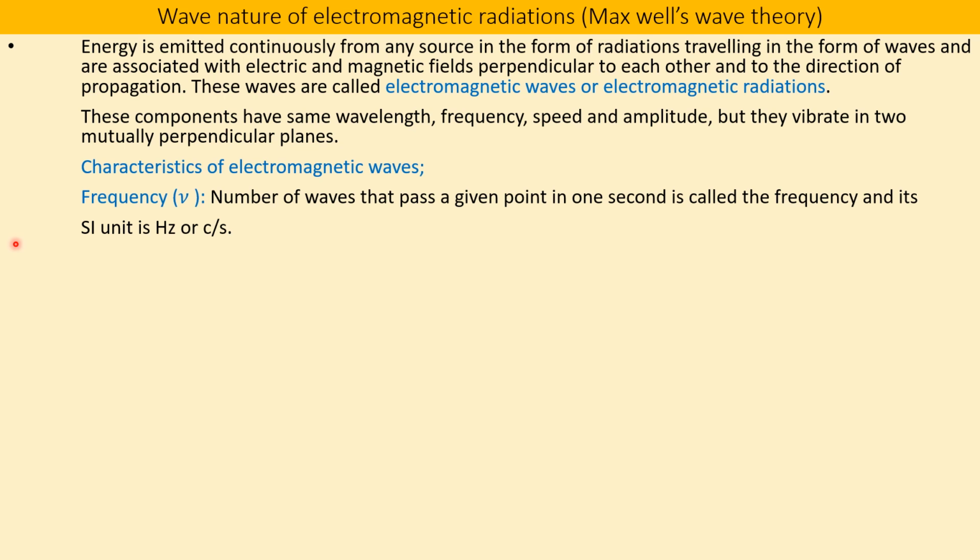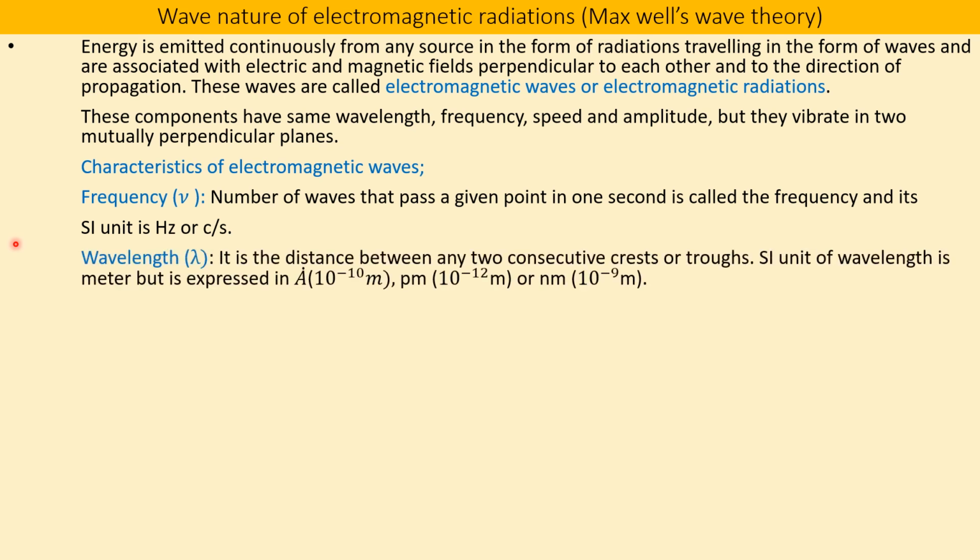The SI unit of wavelength is meter, but it is expressed in Angstrom units, represented by the symbol capital A with a dot on the head. Its value is 10 to the power of minus 10 meters. Also pm, that is 10 to the power of minus 12 meters, or nanometer, that is 10 to the power of minus 9 meters.